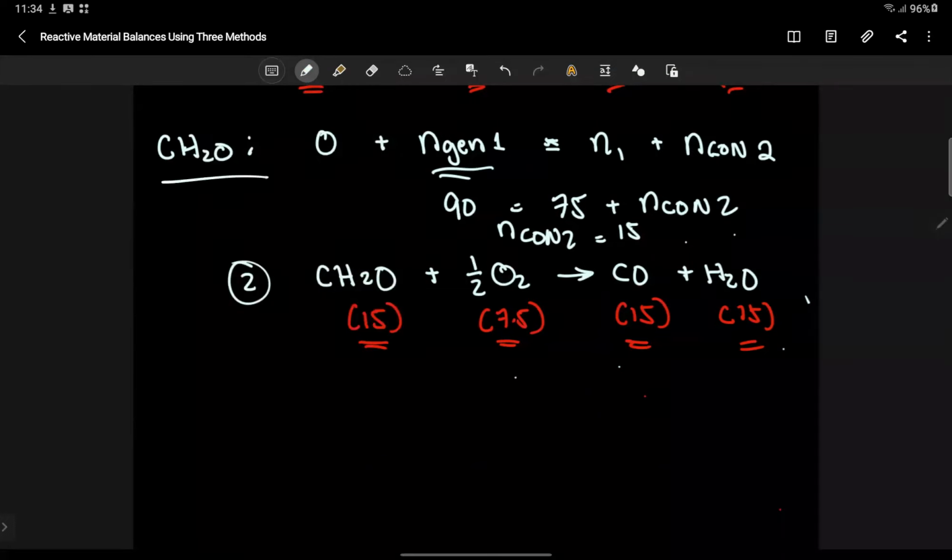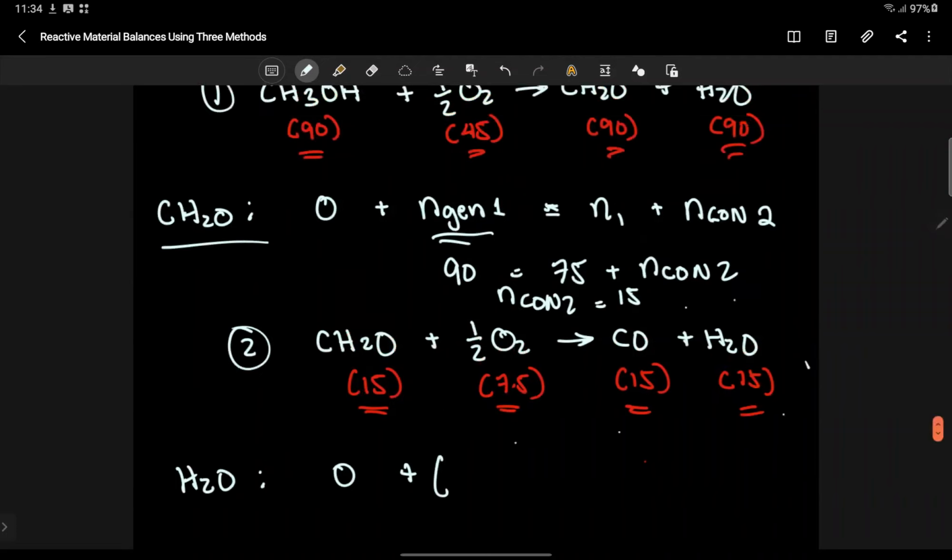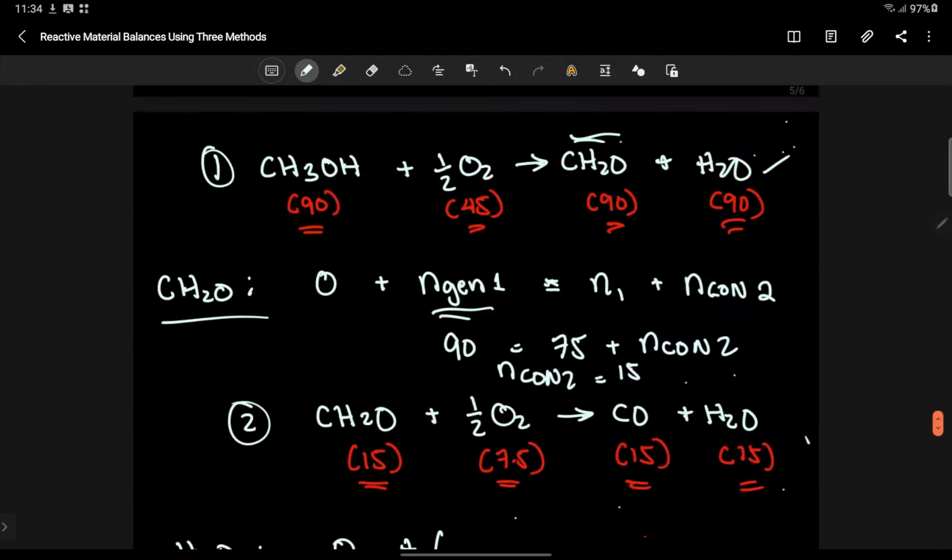Let's complete the balances. Sunod natin siguro water. Okay, so water balance. Pinasok na water, wala. Generated na water, meron ba? Meron. Saan? Ayun, no? Product siya both kay reaction 1 and kay reaction 2.